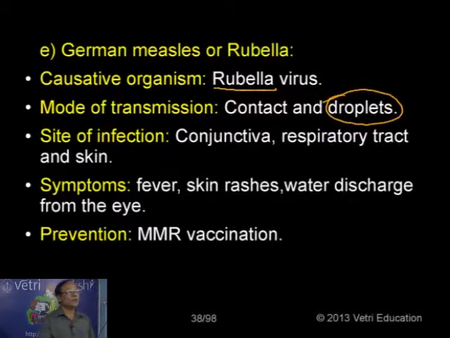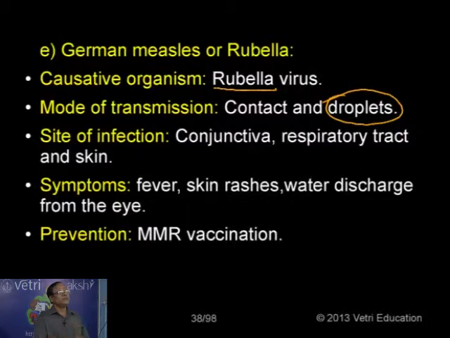Droplet infection is the main cause of transmission of respiratory disorders, and also by means of contact, and also by indirect methods. So the contact by touching the person, or the indirect method by using the fomites used by the infectious persons, is what is called the indirect method.